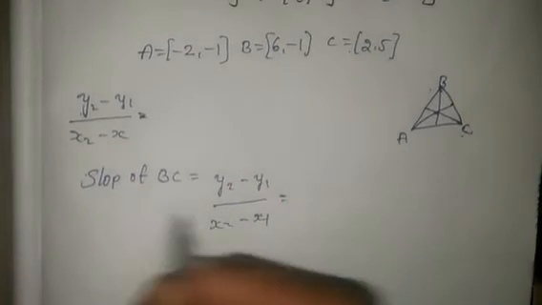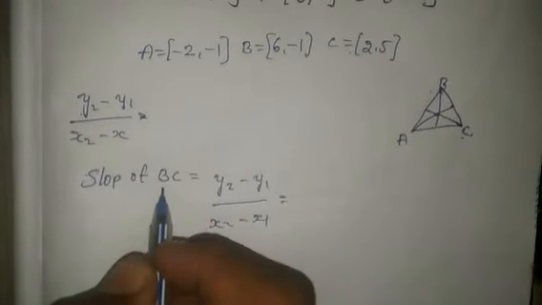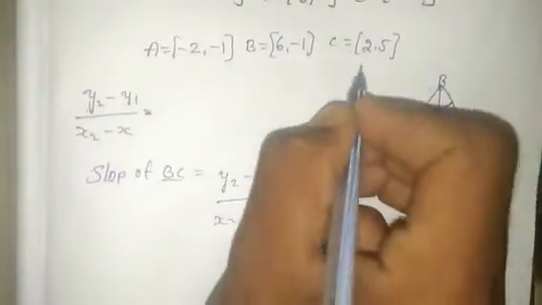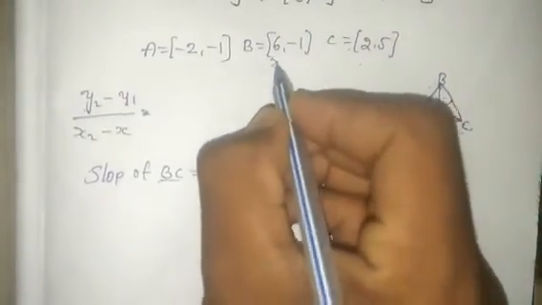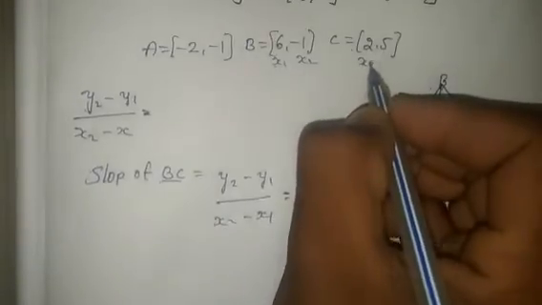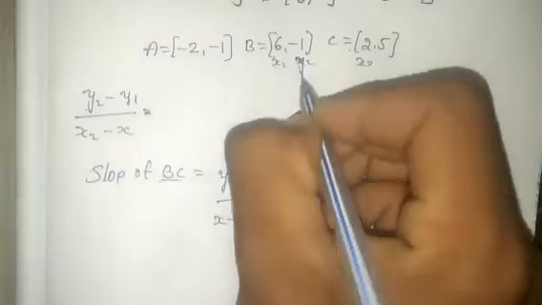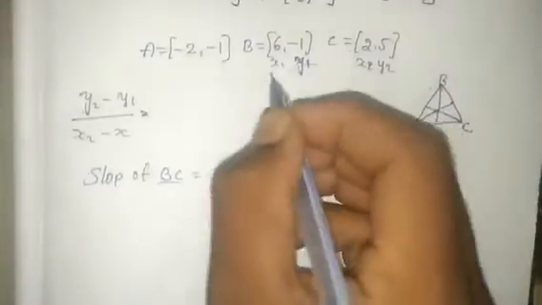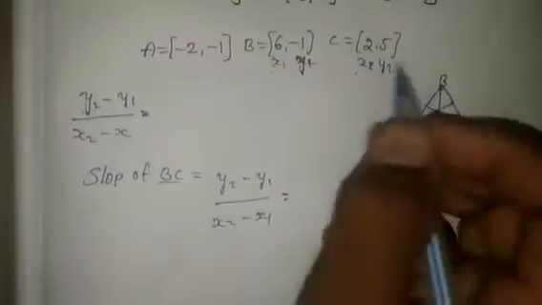For B and C, this is x1, y1 and this is x2, y2.